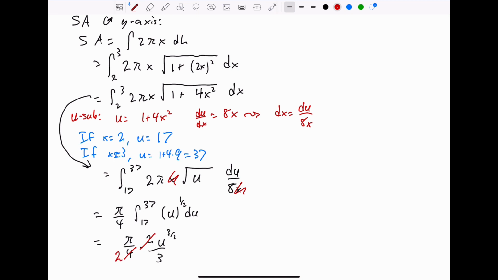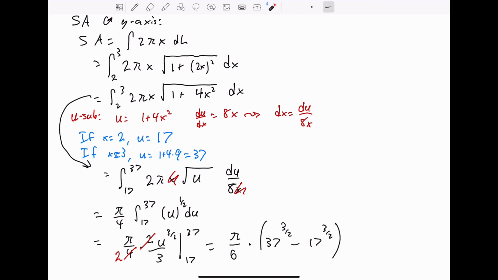So I'm just going to write this as simply pi over 6 actually. So I have the 2 in the denominator, the 3, and pi in the numerator. We need to integrate from 17 to 37. So I'll write pi over 6 times 37 to the 3/2 minus 17 to the 3/2.